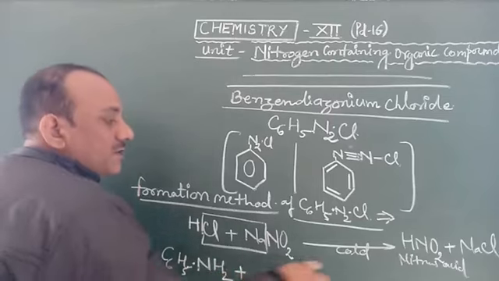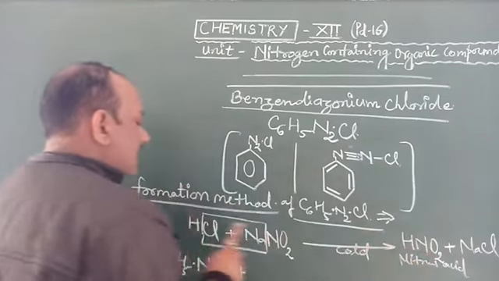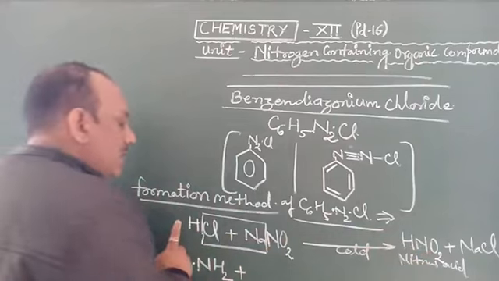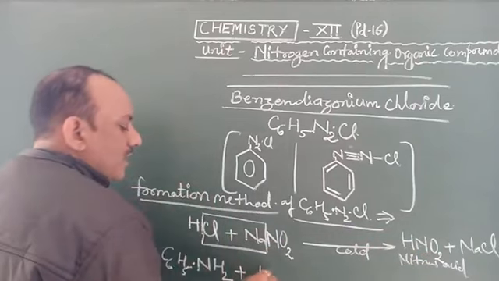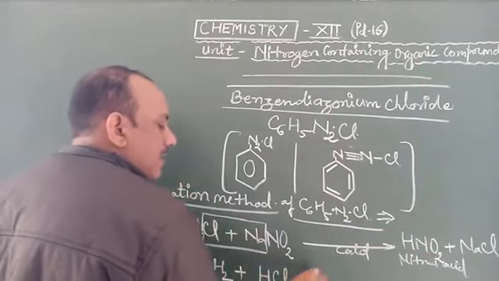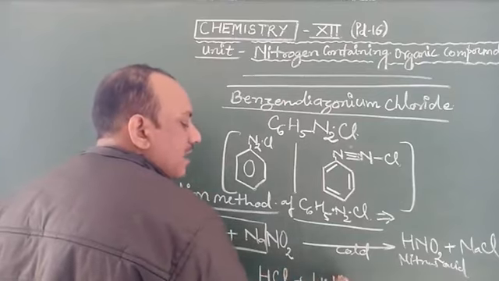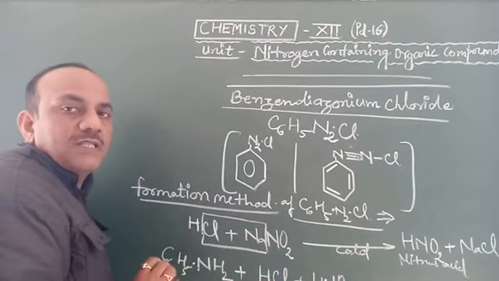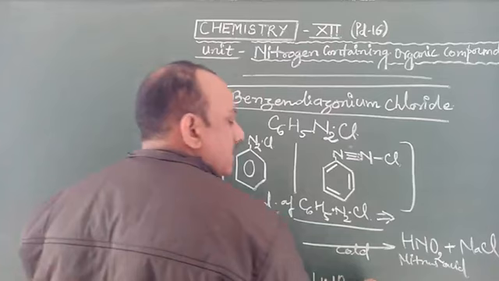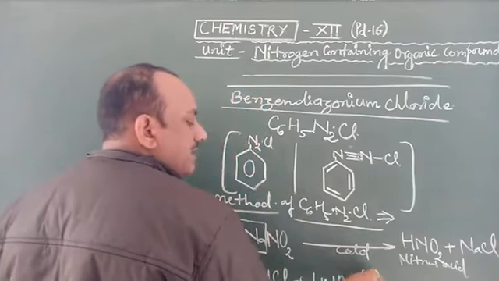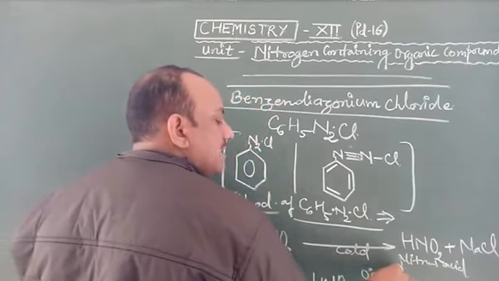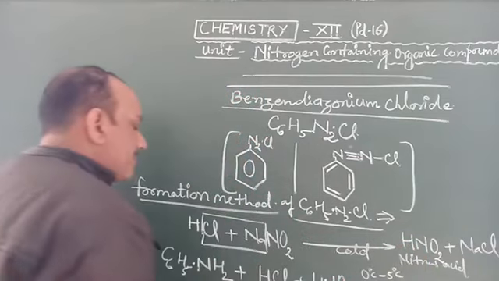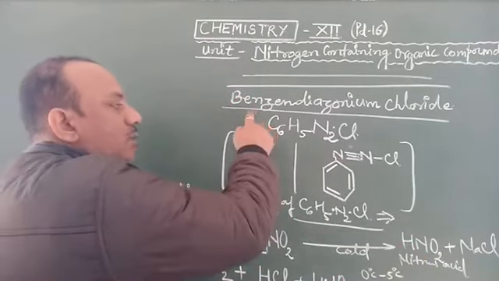It reacts with nitrous acid in the presence of HCl. So HCl plus HNO2, at very low temperature, 0 degrees Celsius to 5 degrees Celsius. It gives benzene diazonium salt.